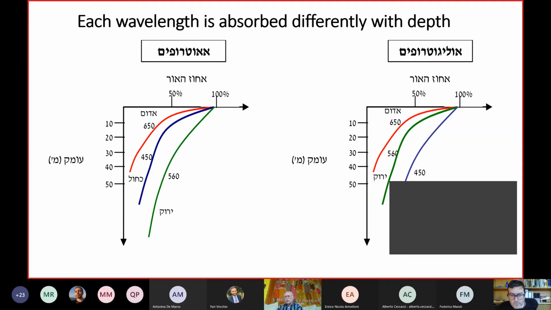Most of the absorption in that case is by the water itself. If we move to the left, it shows the opposite situation, where in the water you have lots of algae. You can see that now the most penetrating color is the green one.